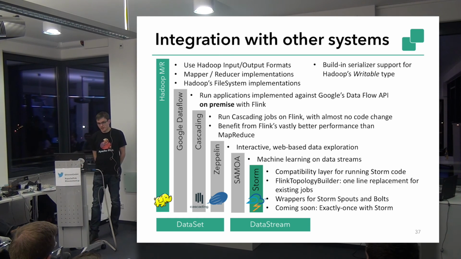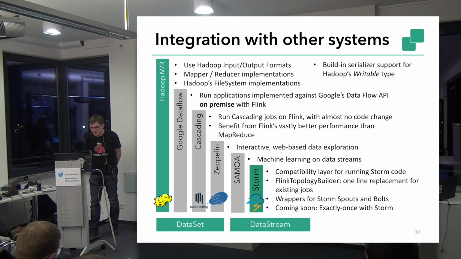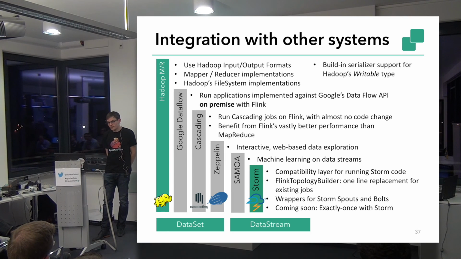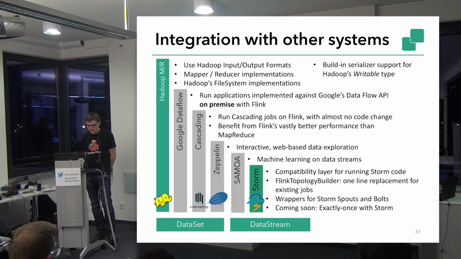Flink can run existing mapper and reducer implementations from Hadoop. So you can mix and match your reduce function with a join function or map function of Flink within the dataset API. We also support all the file systems of Hadoop, so you can use NFS or MapR file system, Amazon S3. They are all supported in Flink because we implement the same interfaces as Hadoop.